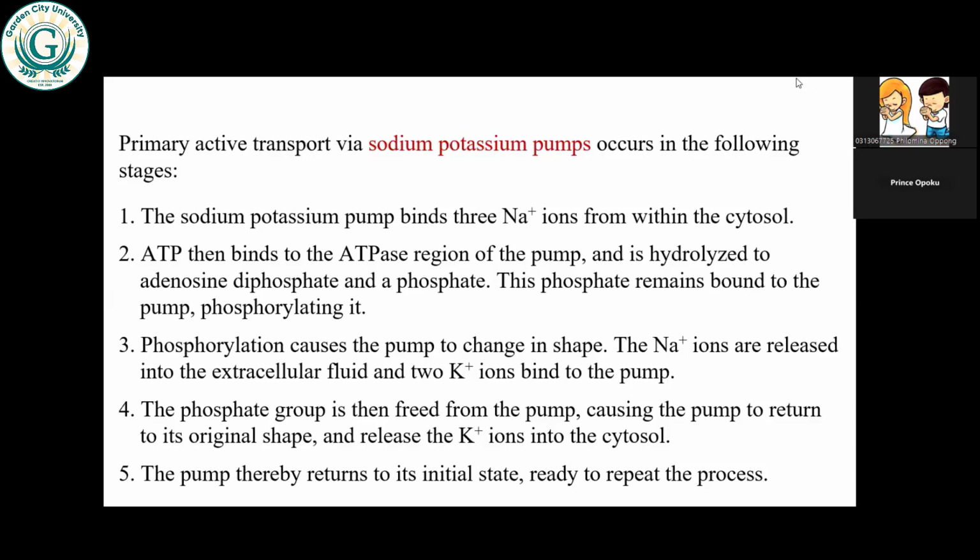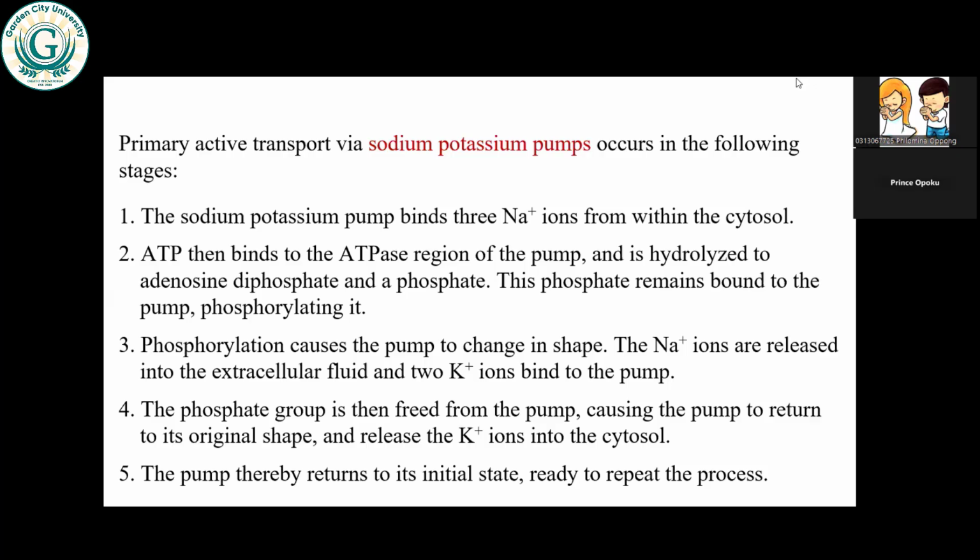So what happens is that 3 sodium ions will bind to the pump. When this happens, there is hydrolysis of ATP, and ATP is hydrolyzed into adenosine diphosphate with a free phosphate ion.